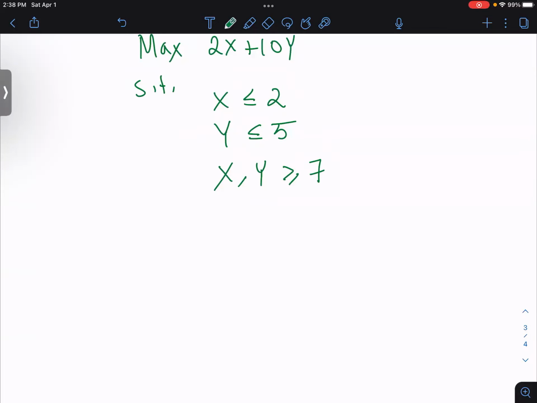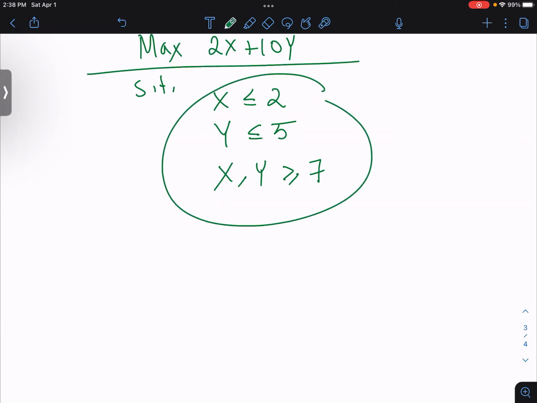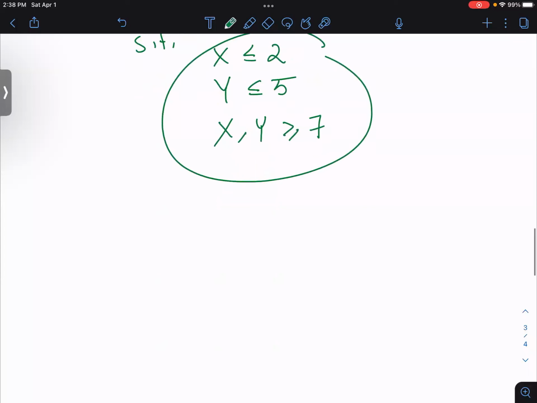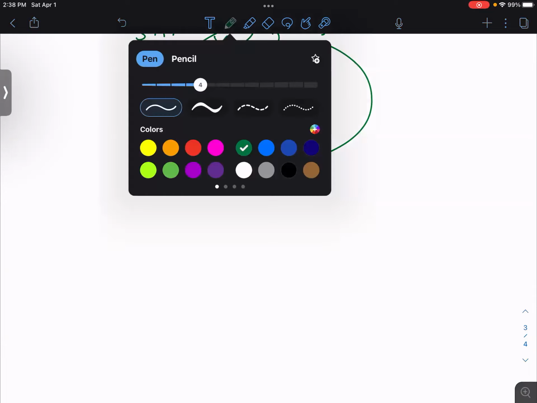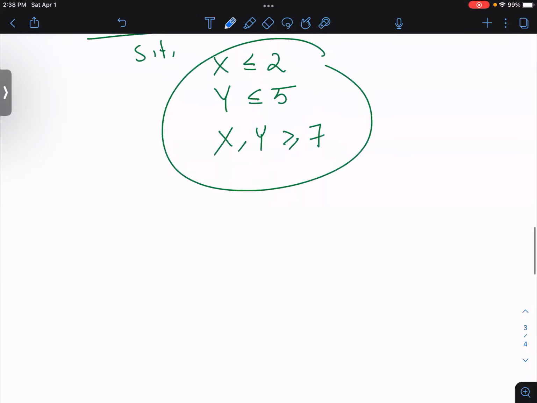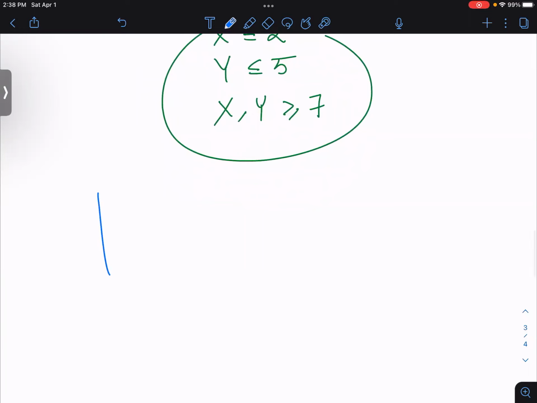Okay, so again, we are just going to look at my constraints, nothing to do with the objective function, to determine whether it's feasible or not. So let us begin with x.